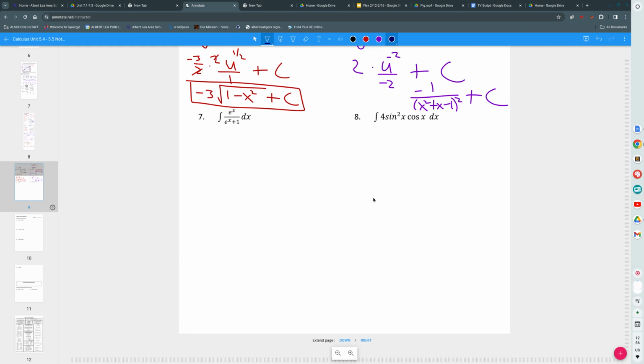I'll show you later. The pre-calc class just took their law of sines and law of cosines test. I'll show you the score distribution. So life is feeling very good for them right now. Now they're finally getting into trig identities, like what is 1 plus tangent squared? Secant squared. What is 1 minus cosine squared? Sine squared.